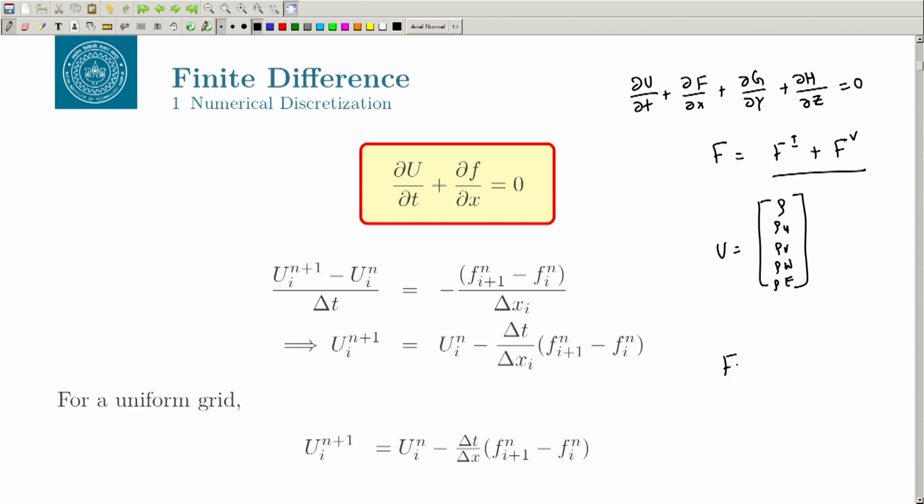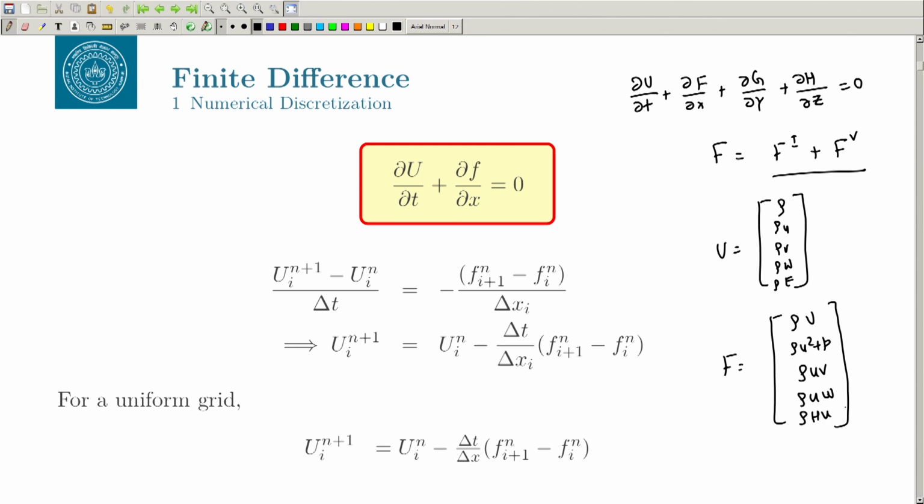Similarly, you can write F as rho u square plus p, and then there will be rho u v and rho u w terms, and rho h u, or rho e u, or you can write in enthalpy form also rho h u.